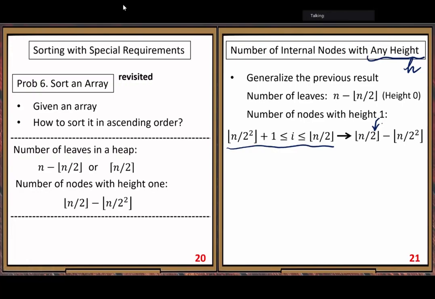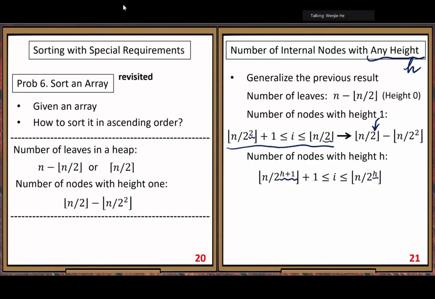Now, we need to observe the following, here you can observe some rule. So we want to generalize the rule. Number of nodes with height h. The range: lower bound 2 to the h plus 1, upper bound 2 to the h.